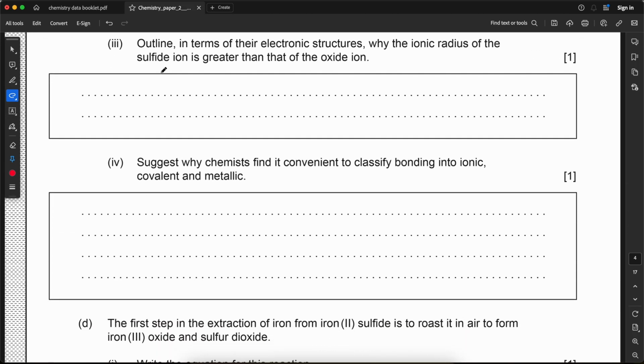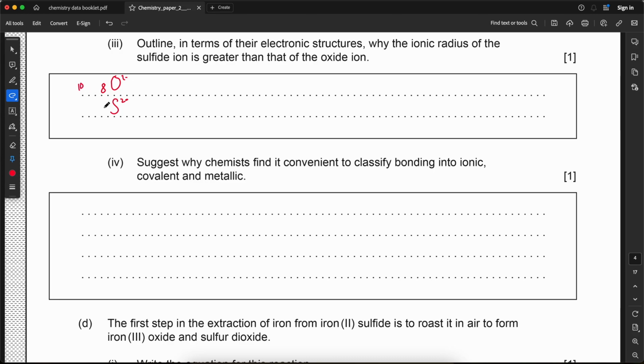Outline in terms of their electronic structures why the ionic radius of the sulfide ion is greater than that of the oxide ion. Oxide ion and sulfide ion, both of them come from group 6. Therefore, the charge is 2-. The atomic number of oxygen is 8, so the number of electrons is also 8, so now the total becomes 10.